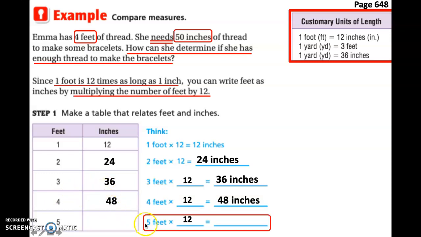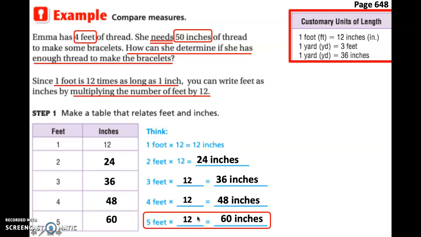And finally, 5 feet. 5 feet times 12 equals 60. 60 inches. 5 feet is 60 inches. If you notice the pattern, we are counting by 12s because there are 12 inches in 1 foot.